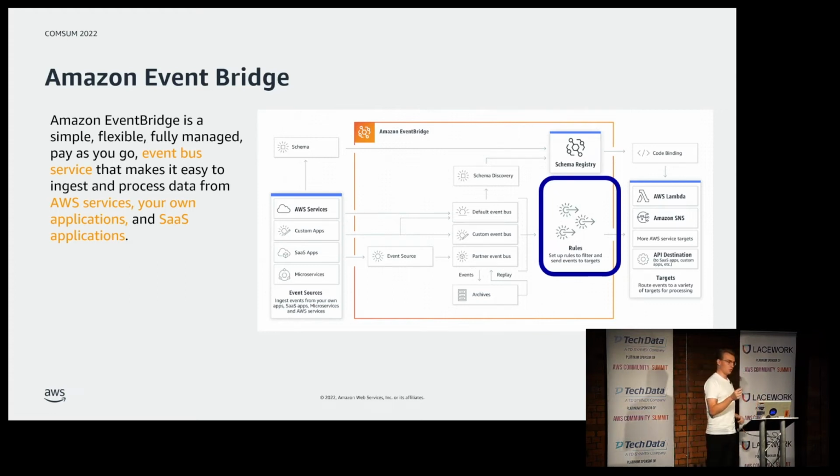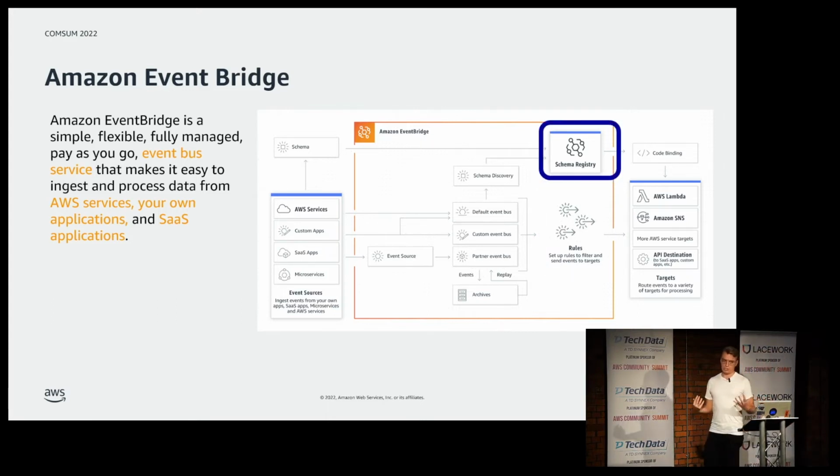Most importantly for us, you can invoke a step function directly from EventBridge, and you can pass that event payload into your workflow as the input to your workflow. That is really powerful when you start to build these event-driven systems. You can now trigger your business workflows from events without writing a single line of code.